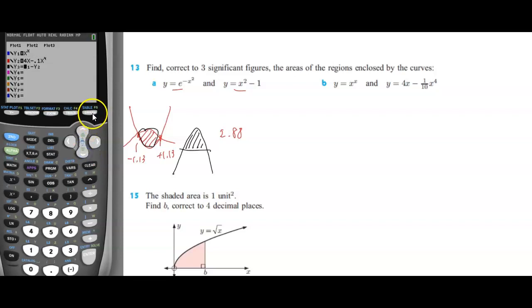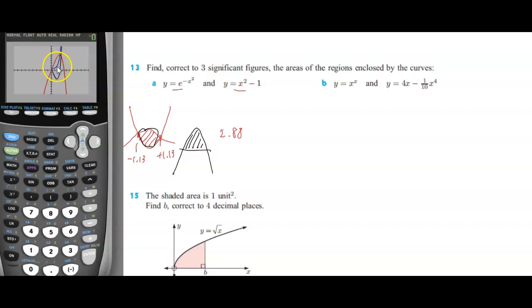Okay, graph. The blue one is the first function and the red is the second function. We want this nice little fish shape here. So we can graph that using the black function, which combines the two functions in a subtraction.